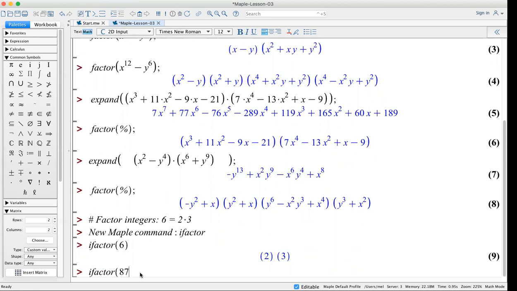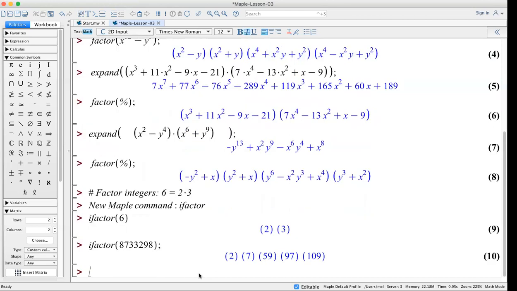If I take a big number and I want to factor it, that'd be hard to factor by hand, but miraculously Maple can do it. The prime factors of this number, the minimal components of this number, are 2 times 7 times 59 times 97 times 109. And these are prime, these can't be broken down anymore.